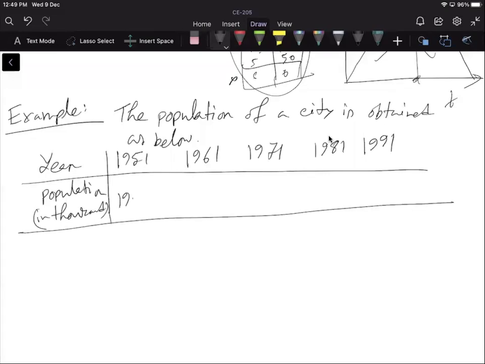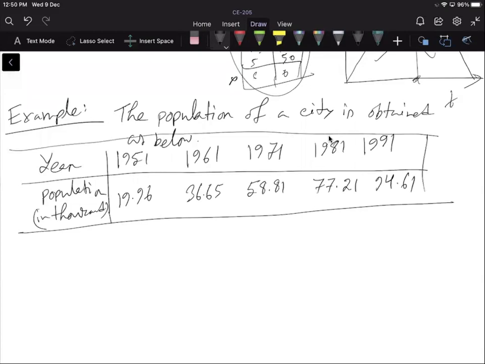So this is 19.96 thousand, 36.65, 58.81, 77.21, and 94.61. So this is your data set.